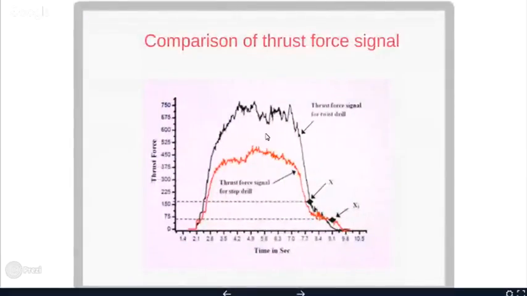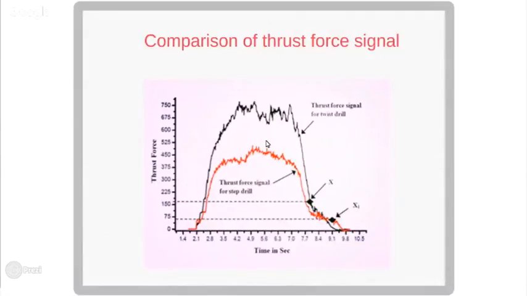At the same process parameters, I performed some experiments related to the twist drill and the step drill, and I found that in the case of the step drill, the thrust force is much less as compared to the twist drill, right?